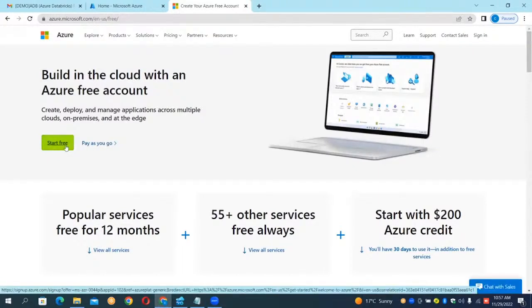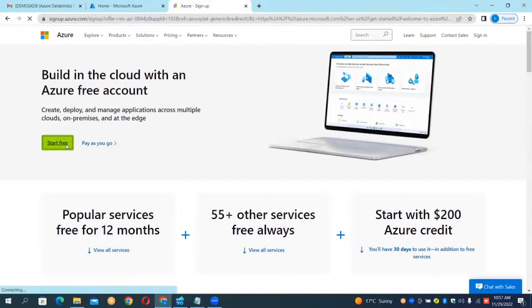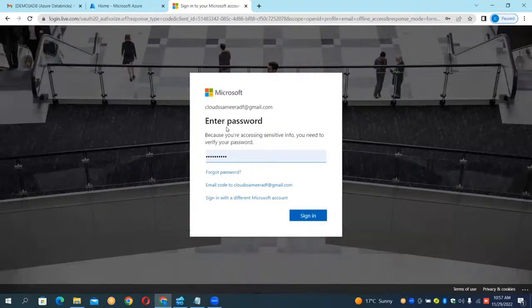First, you can take start free, because it is provided free of cost for 1 month. Click on this start free, and then it will ask you. See, mine is already registered, hence it is directly giving me my mail ID. If not, it will ask you for the mail ID and all. You have to register your mail ID, then give your password. Everything has to be given here step by step.